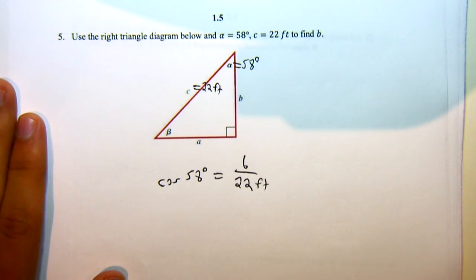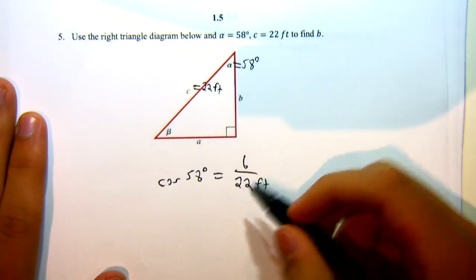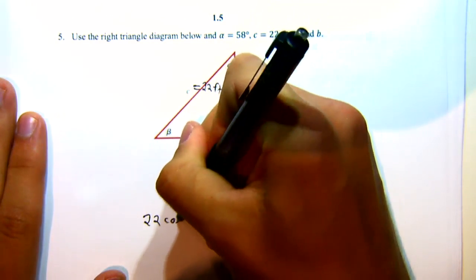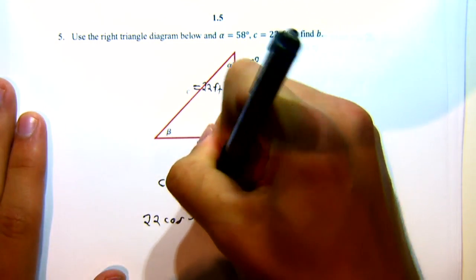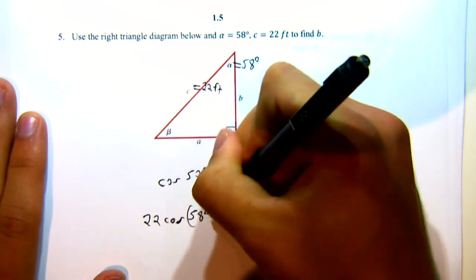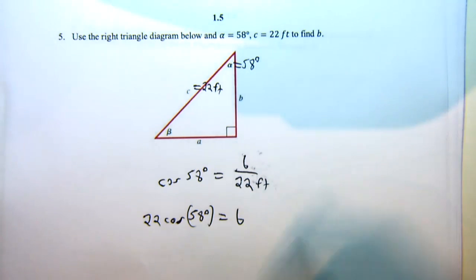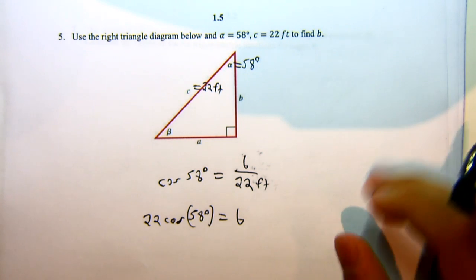All right. Multiply 22 on both sides. I'll just leave out the feet for now. So 22 times cosine 58 degrees is equal to b. All right, and now we use our calculator to figure this out. So we do 22 times cosine 58. All right, and what did you guys get for this?